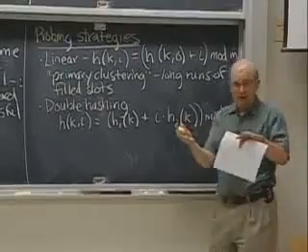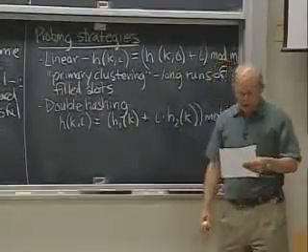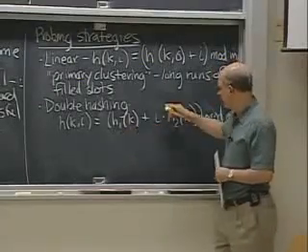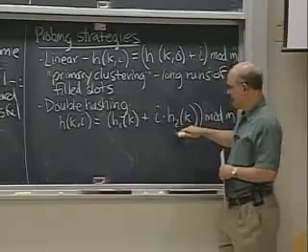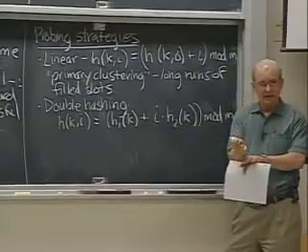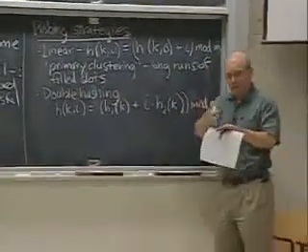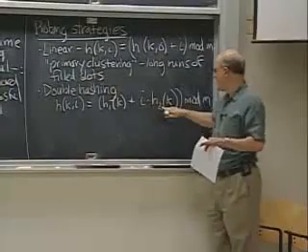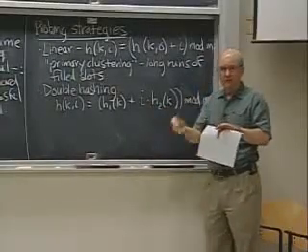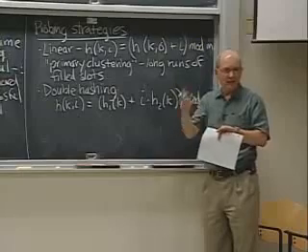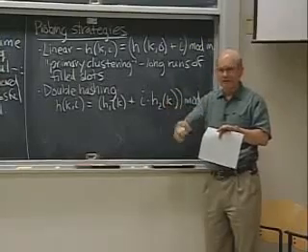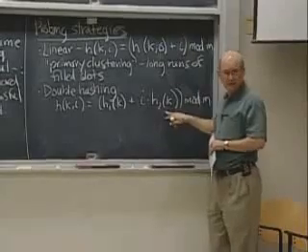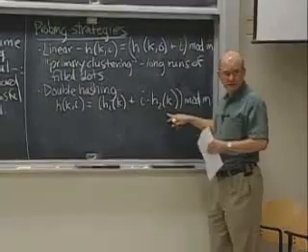You start by just using h1 of k for the 0th probe, because here i will be 0. Then for probe number 1, you just add h2 of k. For probe number 2, you just add that amount again. You just keep adding h2 of k for each successive probe you make. So it's fairly easy.